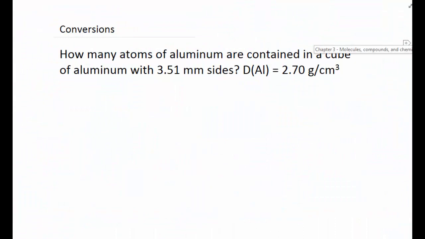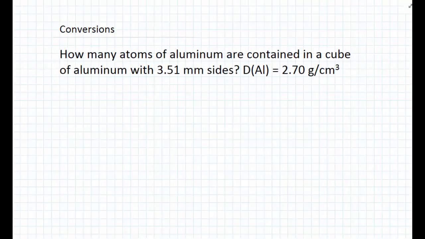So what I want us to try to do here is a somewhat complicated multiple step word problem. We like to do that in chemistry. What I'm interested in, and there was probably somebody that really needed to know this at some point, but let's say we have a cube of aluminum, 3.51 millimeter sides.